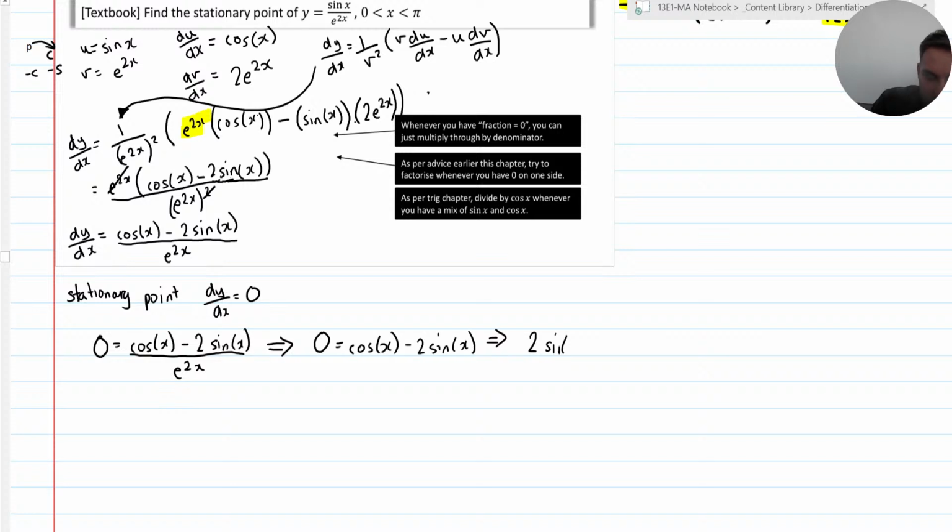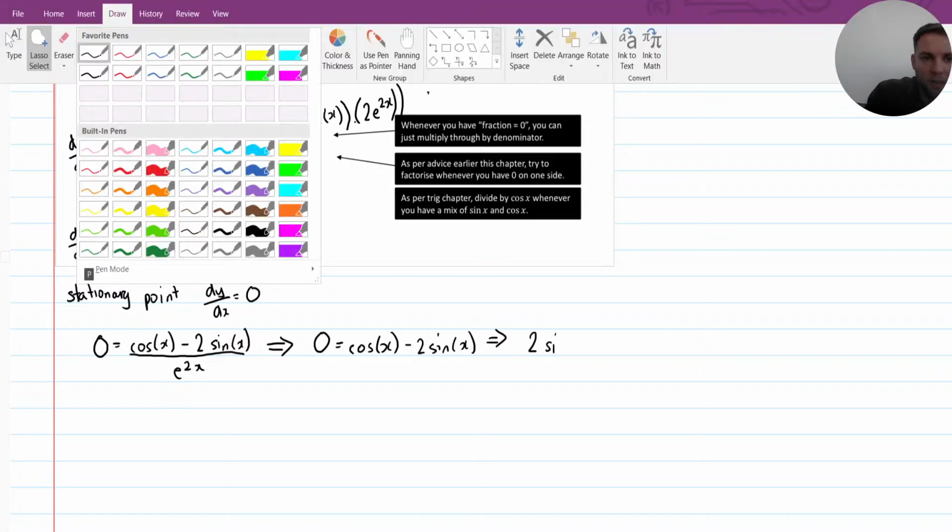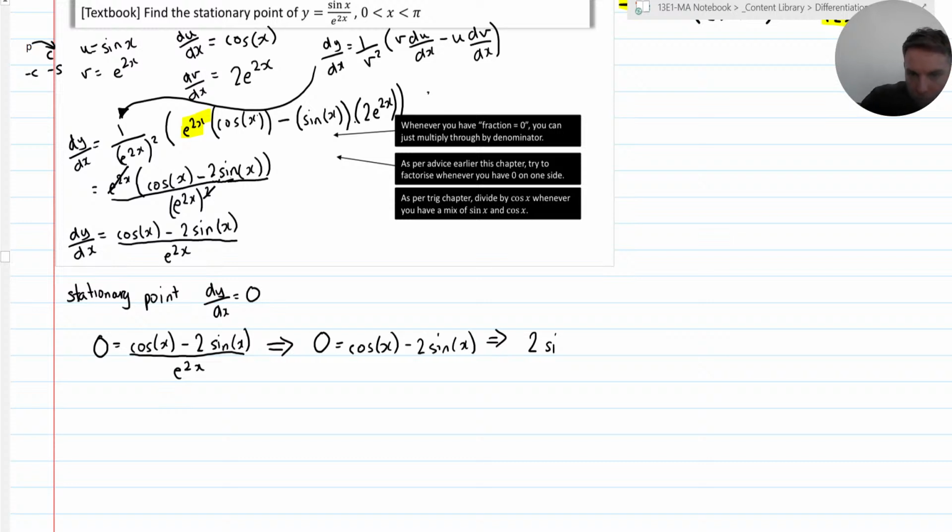2 sine of x is equal to cos of x. And then I'm going to divide the right-hand side by 2.